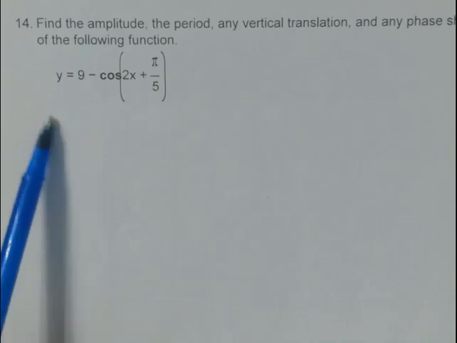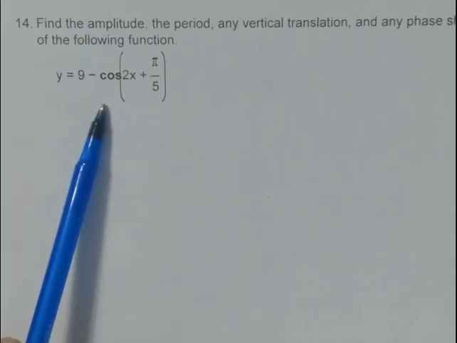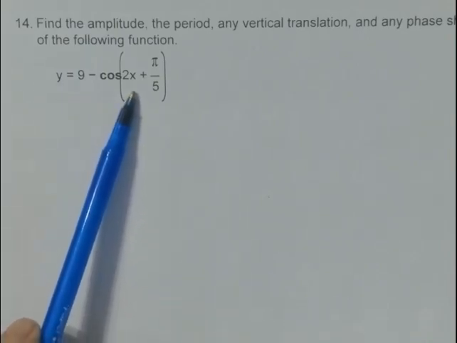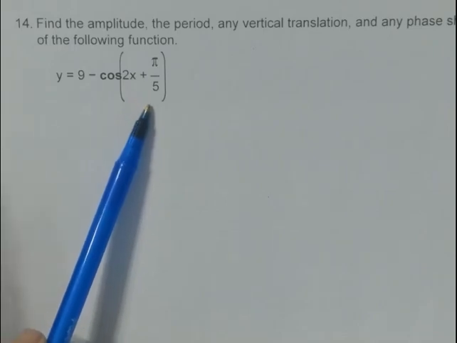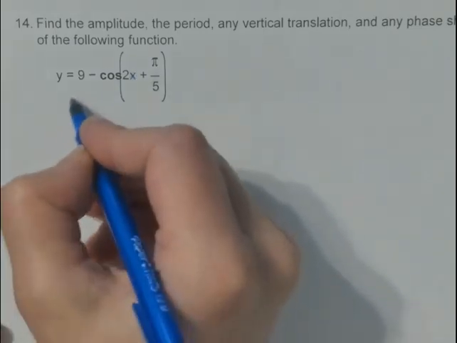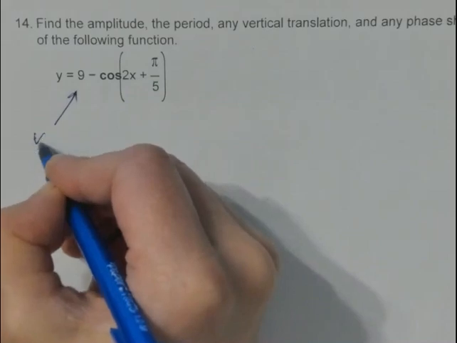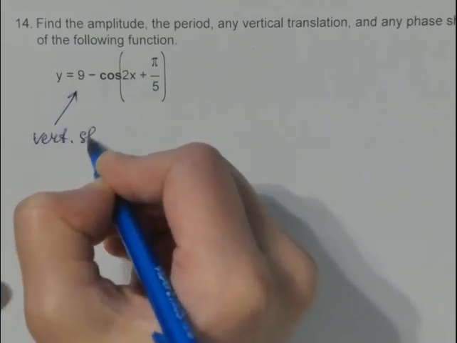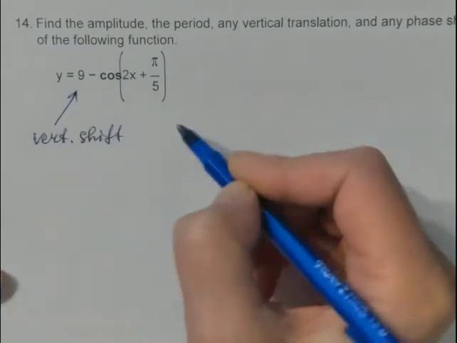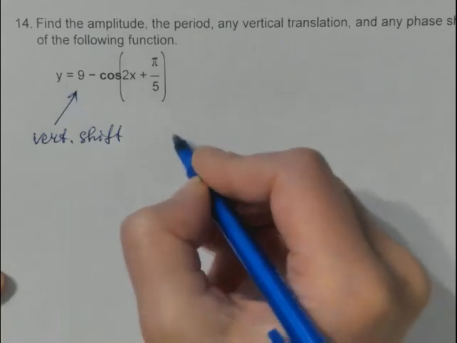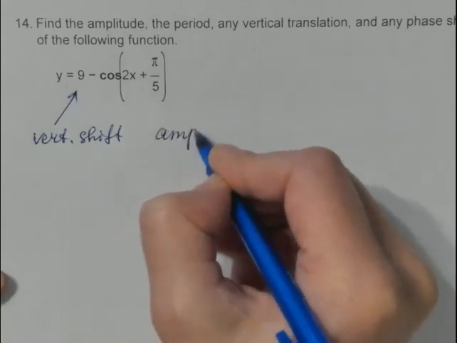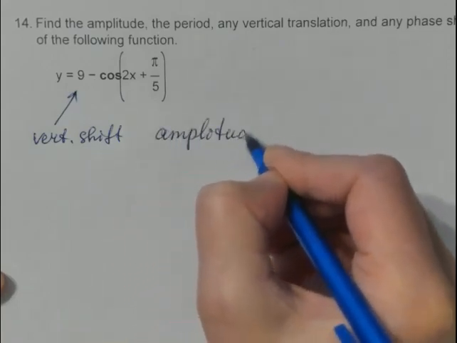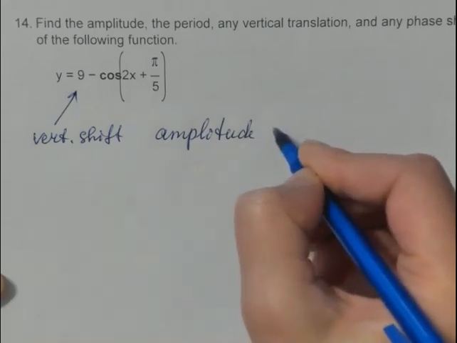Describe the function y equals 9 minus cosine of 2x plus pi over 5. So this is the vertical shift. So amplitude is 1.